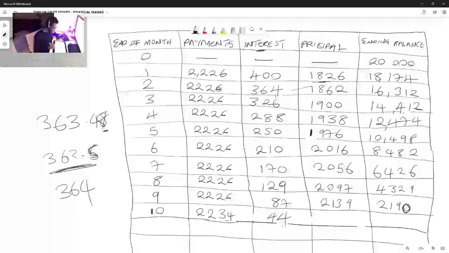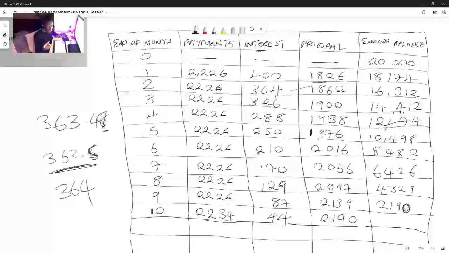Now when we subtract 44 from this 2,234, we get how much? We get 2,190. Now that we have 2,190, if we subtract this principal from the ending balance of month 9, what are we going to get?